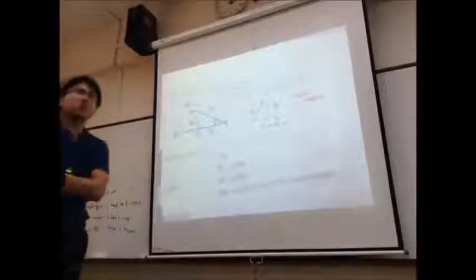What rule can I use? Cosine rule, right? Straight away. I can also use sine rule. You are right. I can also use sine rule. But for that, I need one formula I haven't learned yet. That is right angle, right?